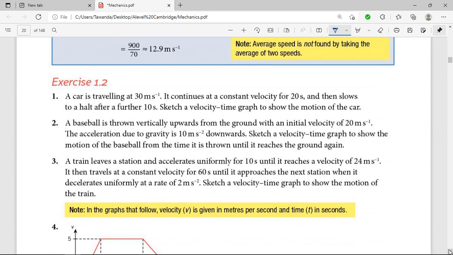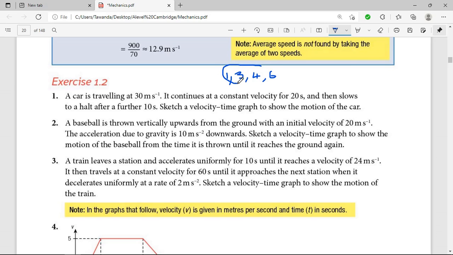On exercise 1.2, you are going to take number 1, number 3, number 4, and number 6 as your exercise.